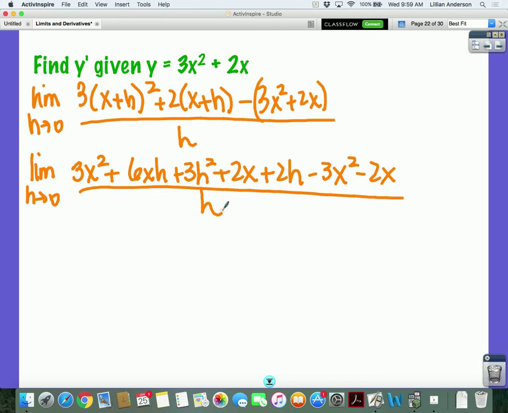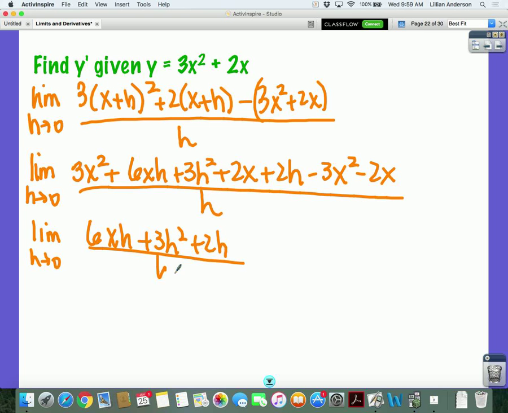So now after you expand and distribute, you're only left with 6x plus 3h squared plus 2h over h. Now if you're crossing out things that don't have h's, they have to match up, unless you might have messed up somewhere else.